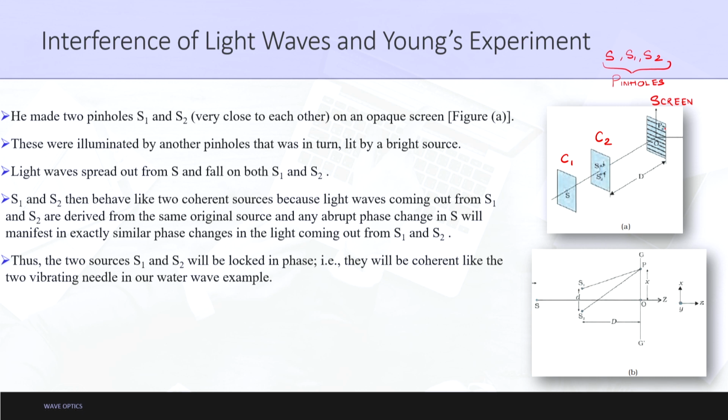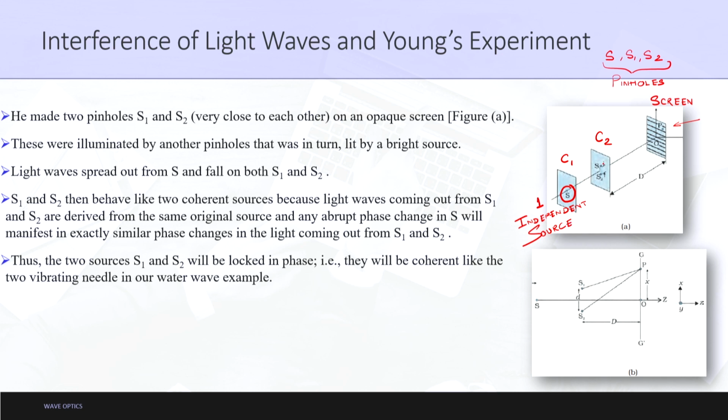Now you can also see interference fringes being formed here. In this case, the figure shows there is only one independent source.